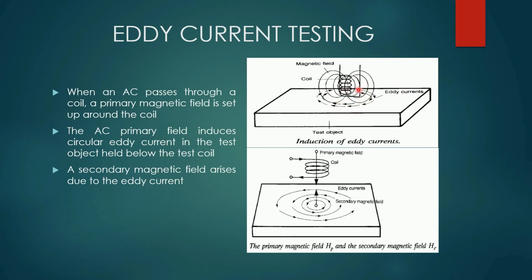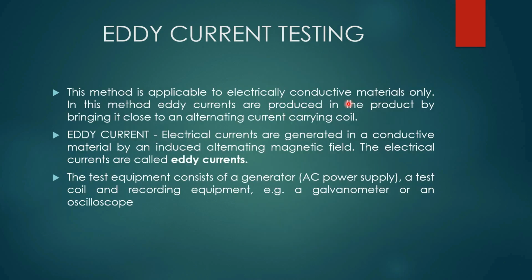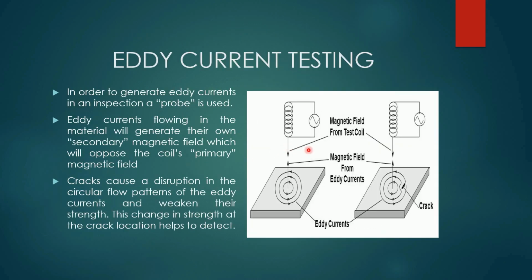This secondary magnetic field arises due to the eddy current. As I was saying earlier, electric currents are generated in a conductive material by an induced alternating magnetic field. The electric currents are called eddy current. Whenever we pass the current to this particular coil, it will induce some current.